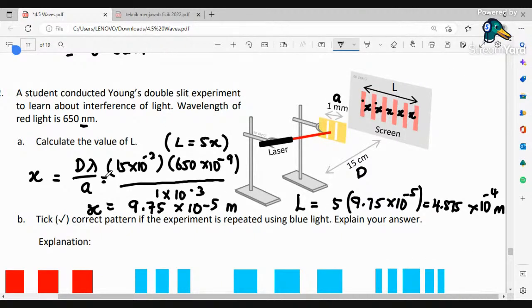Okay, very small because lambda for light is very small, nearly 10 to the power negative 7. That's why your answer is like this.